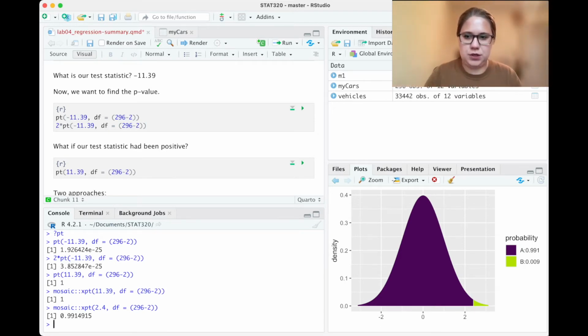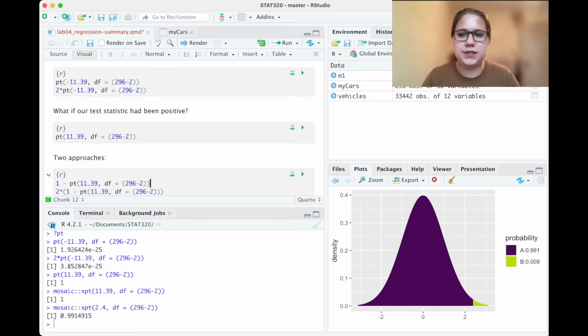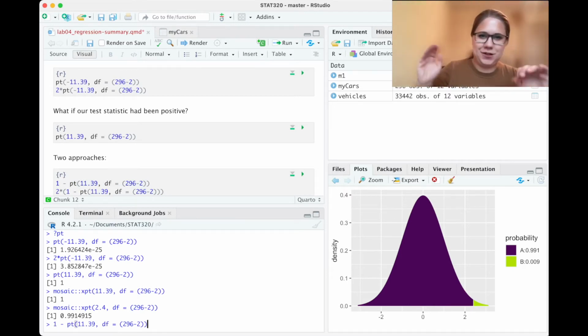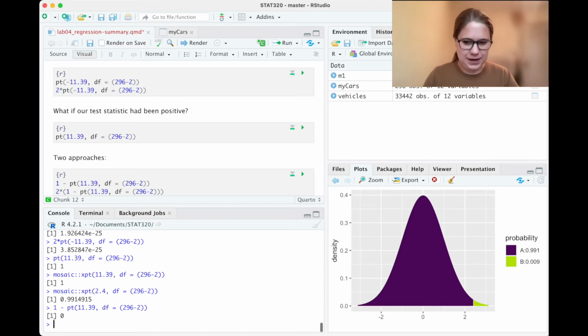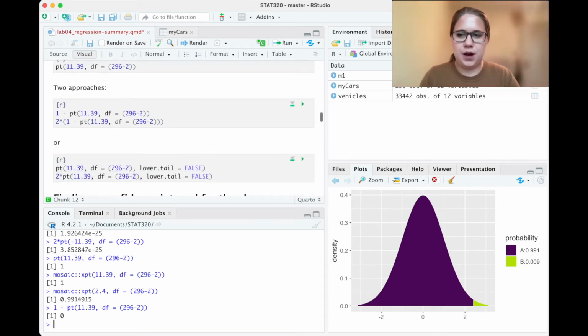So there's two ways to deal with this. One way would be to do 1 minus that number. So, you've got the area that's to the left and you really want the area to the right. You could do 1 minus. The other approach would be to put in lower.tail = FALSE.